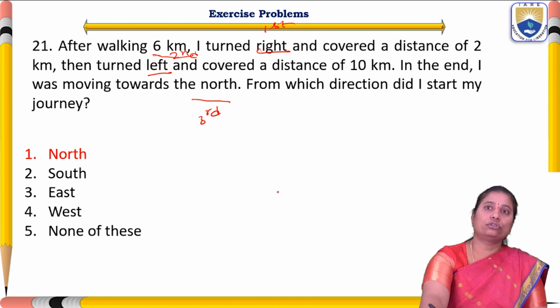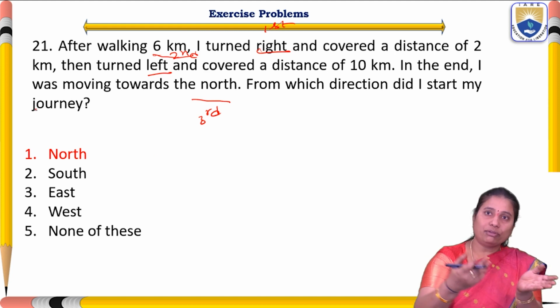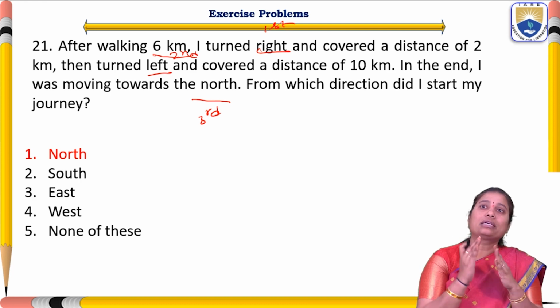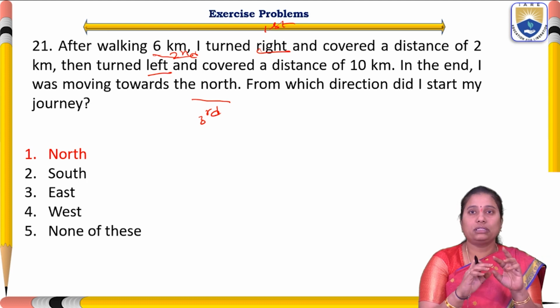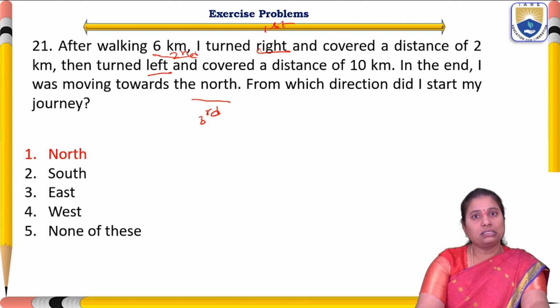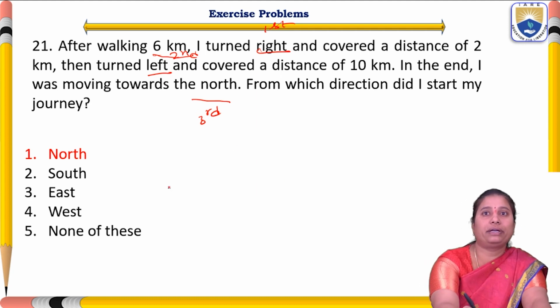For these kinds of questions, we can come from the last one, in the reverse pattern, or simply we can make right as left and left as right. In this way also we can find the distances of this kind. But it is better always to go with the last pattern.